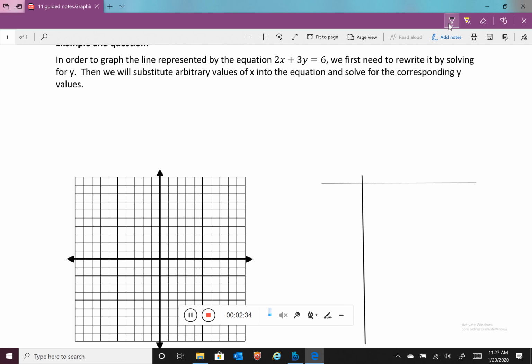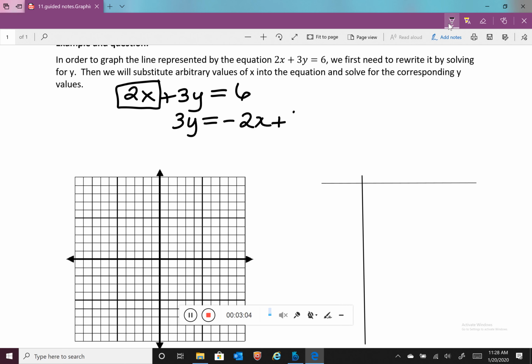So starting out with 2x plus 3y equals 6, in order to get y alone, we first need to have the 2x on the opposite side of the equation, and we can do so by using our inverse operations. Since 2x is positive, we're going to subtract 2x. So 3y is equal to negative 2x plus 6.